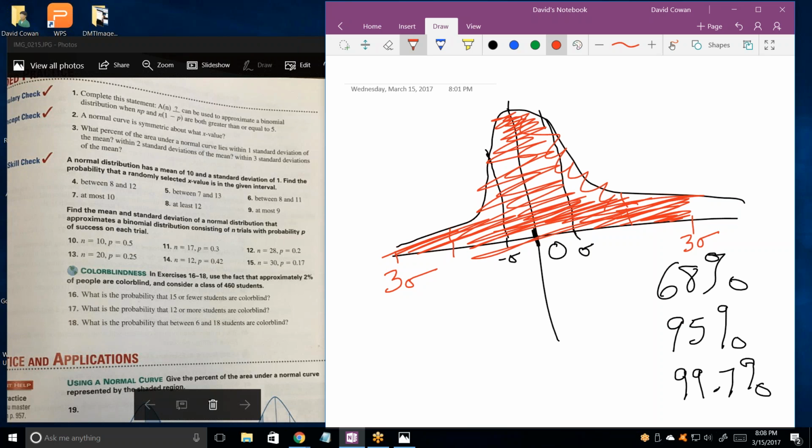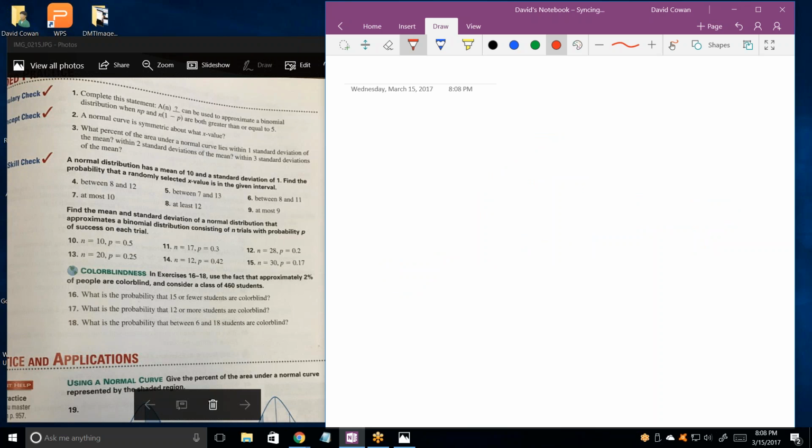So number 4, now let me work in black here. Now, these questions are what I've been confused on. Well, the normal curve has a mean of 10.